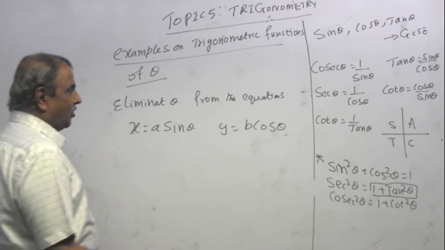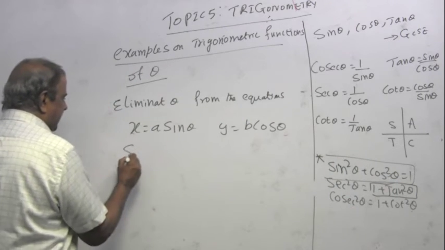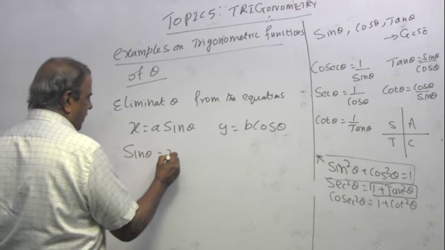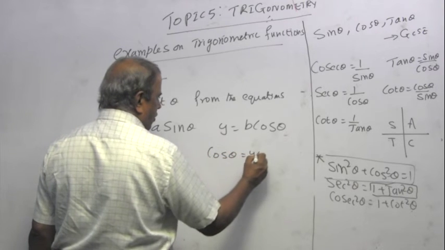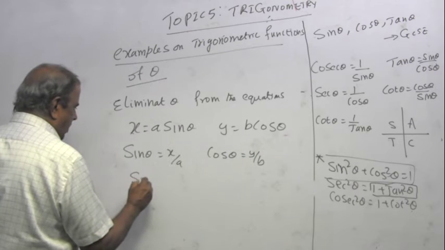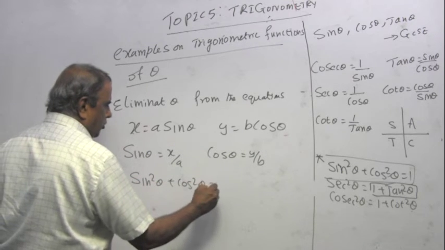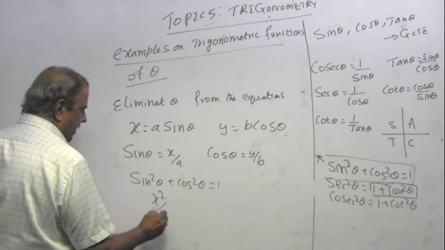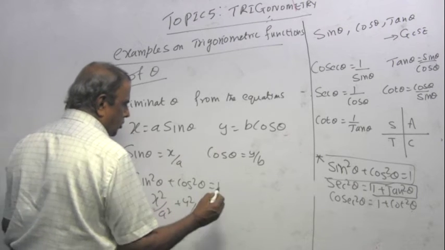Well, sin and cos are related by this. So, sin theta equal to x over a, cos theta equal to y over b, sin squared theta plus cos squared theta equal to 1. So, you get x squared over a squared plus y squared over b squared equal to 1.